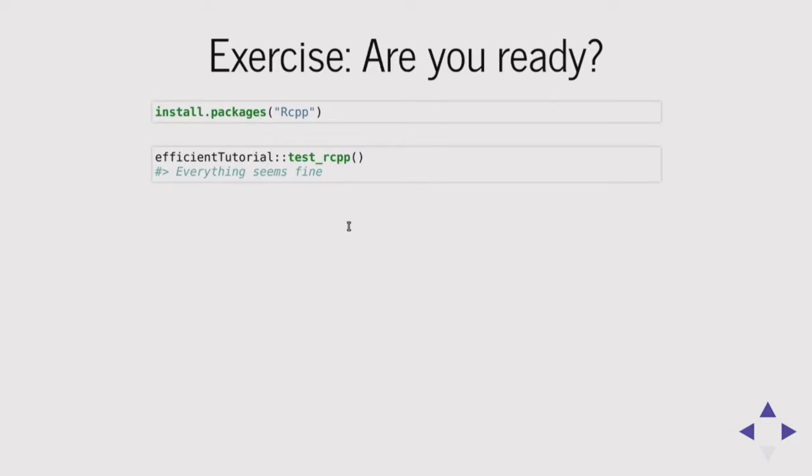So, exercise. Are you ready? You should hopefully have installed this before coming, if you got the email. If you can run that bit of code and you get the message that everything seems fine, that means your computer's set up, and Rcpp is working on your machine.